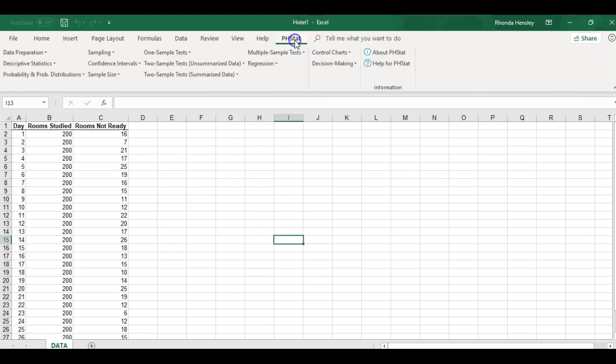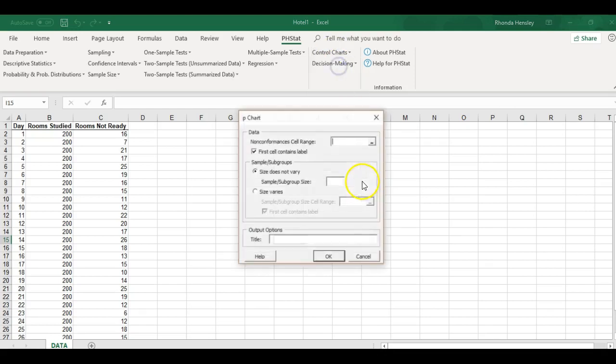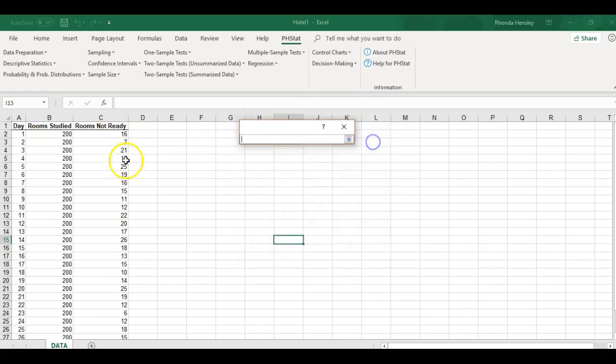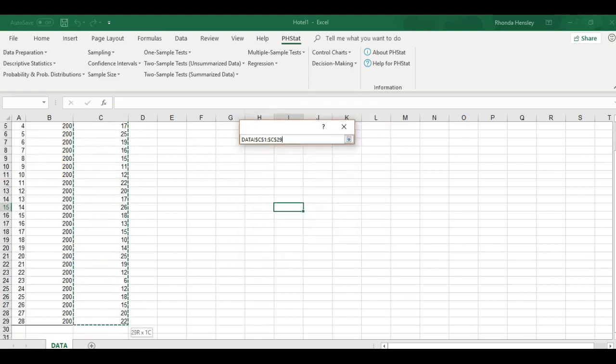You go to PHStat, you look under control charts here on the right, and you've got a choice between a P, a C, and an X bar and R chart. So pick the P chart. In this particular example, all of our sample sizes are the same, 200 every day. So your non-conformances cell range is the number of rooms that are not ready.